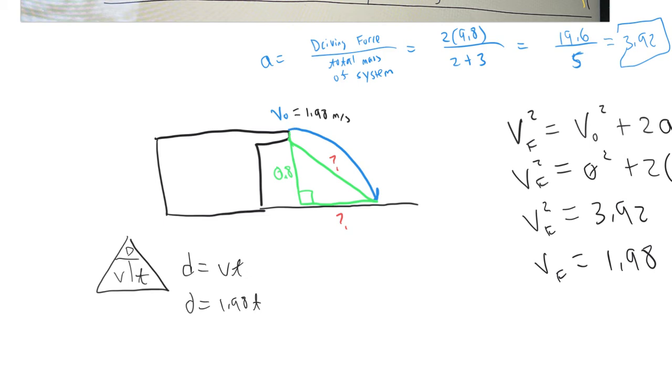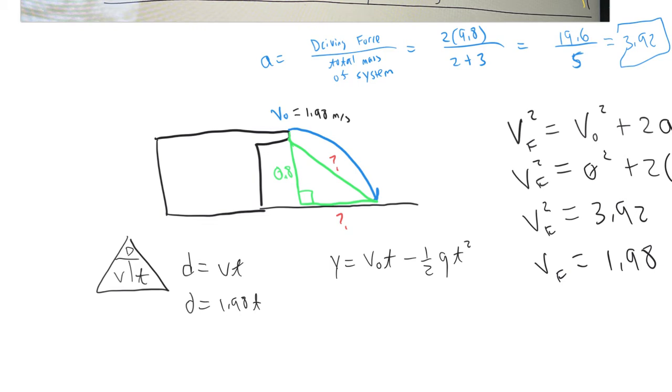So we now have a separate mission to find out how long it takes to hit the ground. Well, that's going to be a matter of, let's see, probably using this formula. Y equals original velocity times time minus 1/2 times gravity times t squared.